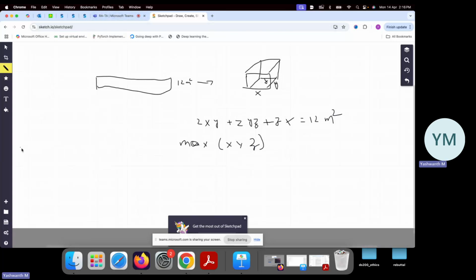Once we solve the Lagrangian, that is xyz minus lambda times (2xy plus 2yz plus zx minus 2m squared) of x, y, z, comma lambda is this.